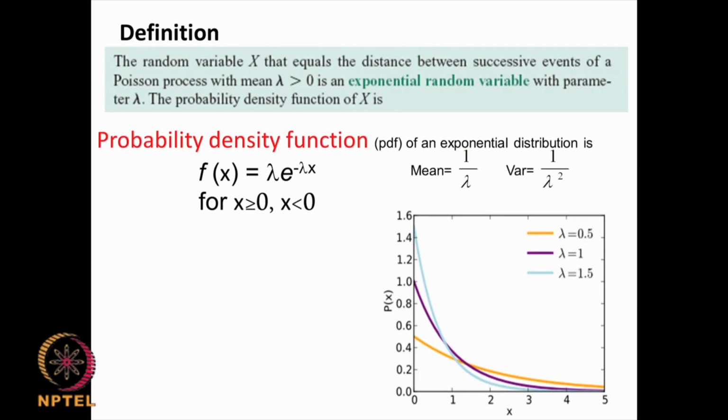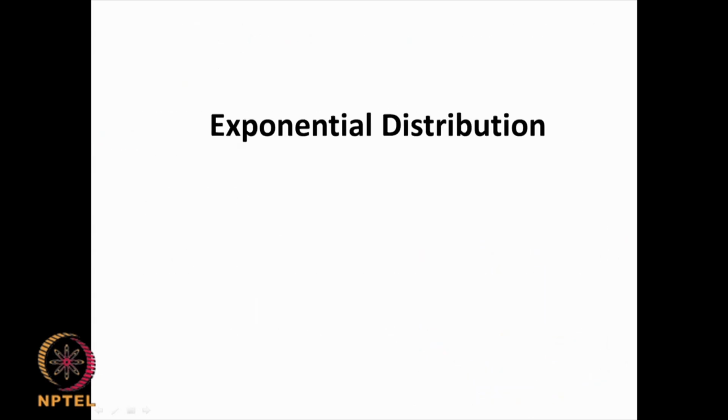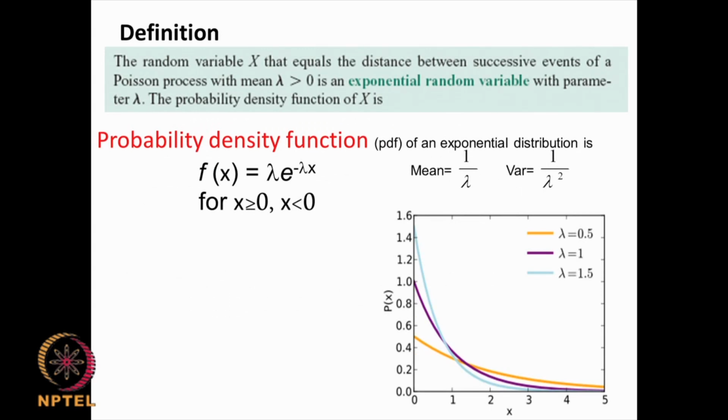It is given by this relation, 1 minus e to the minus lambda x, for different values of x, and because it is cumulative, it keeps building up as shown in this figure, whereas the probability density function keeps falling as a function of x.